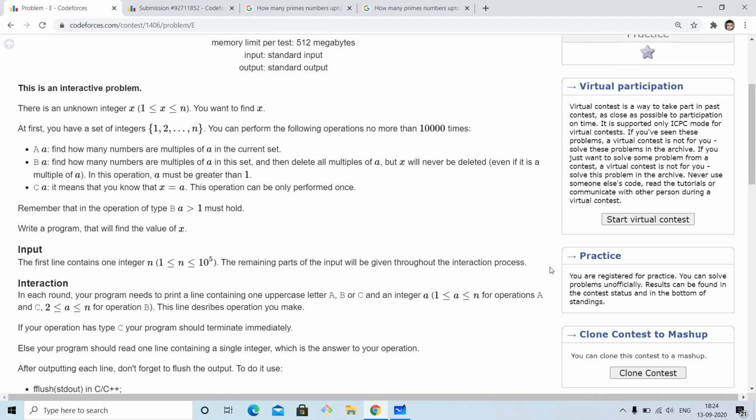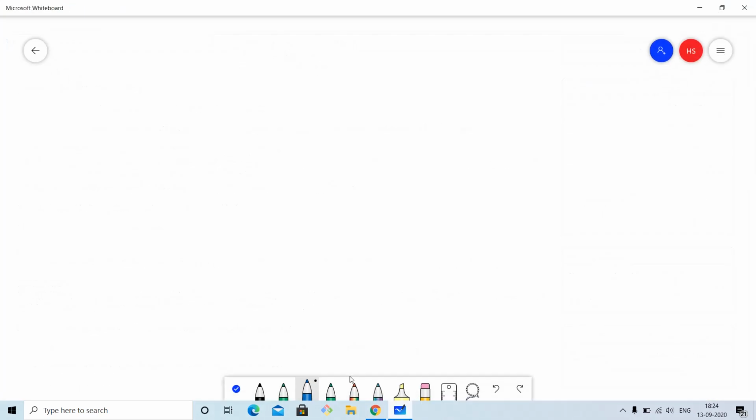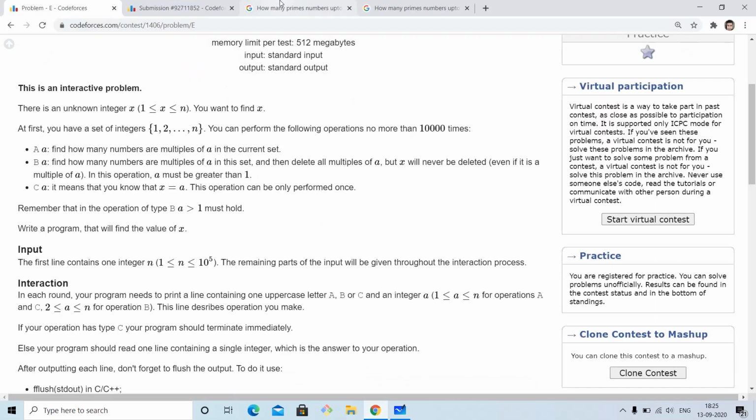So how are we going to do this problem? Let us try to understand. We are given this number, 100,000. So first of all, n is 100,000, which is quite large. How many prime numbers are there in this range?